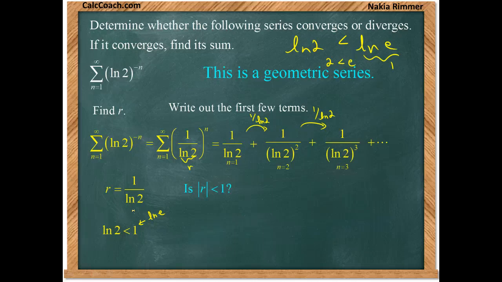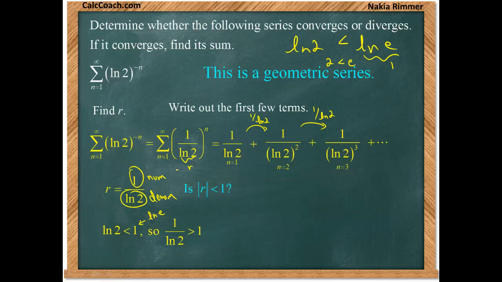Well, what does that mean then? We have our denominator less than our numerator. Well, then that's going to mean that the fraction will be bigger than 1. And our fraction is our ratio. Absolute value doesn't play a role.